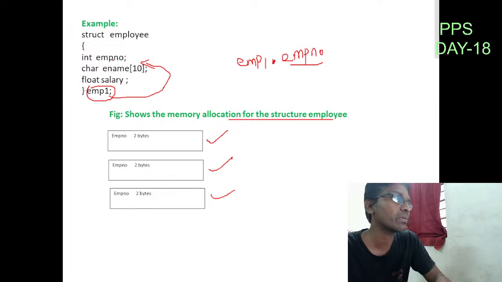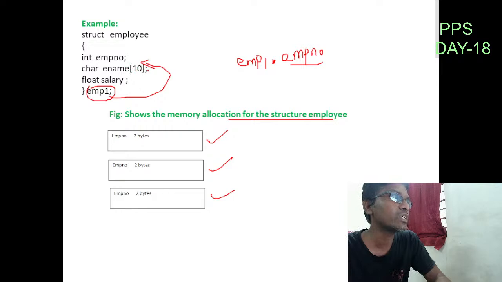For example, employee number is an integer type, so it will take 2 bytes of memory space. The employee name is a character type, so it will take 1 byte times the number of characters you are passing inside the name, which will be 10.